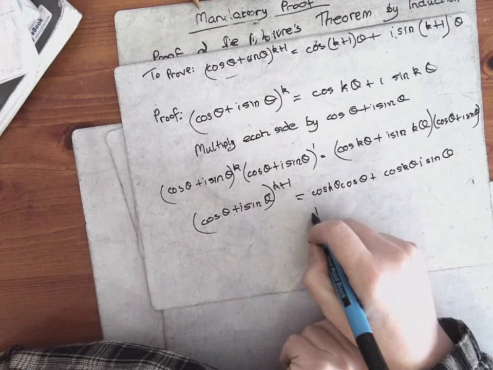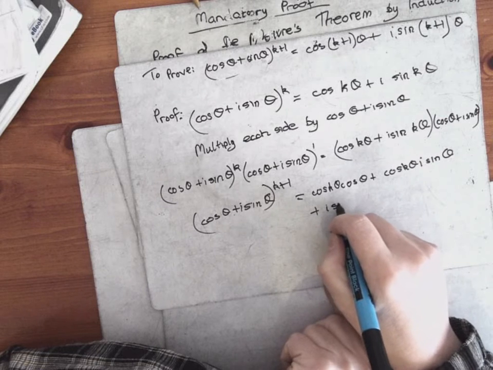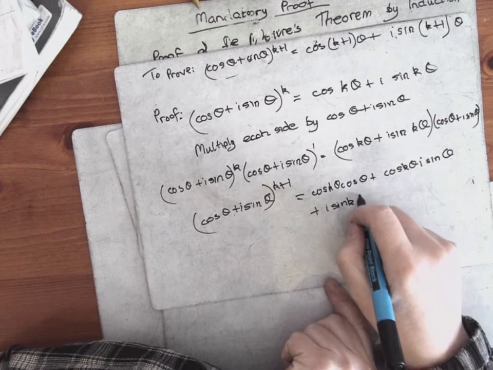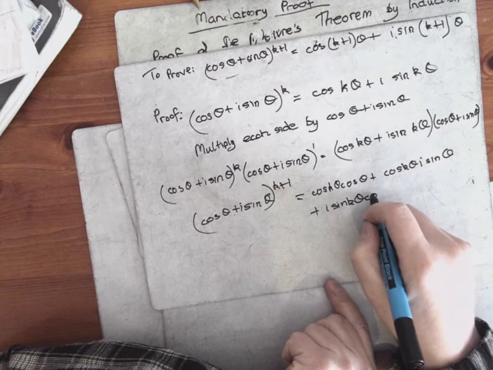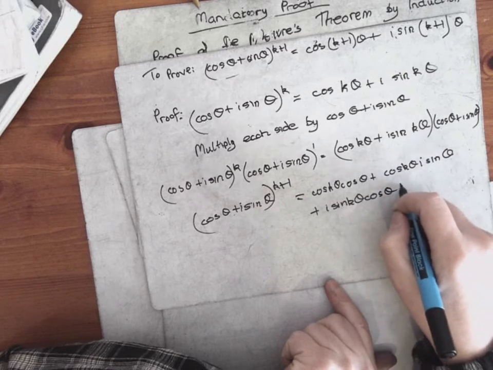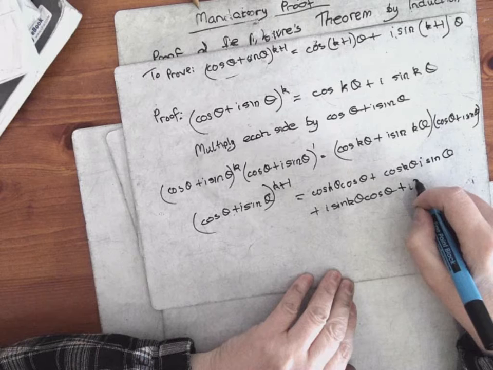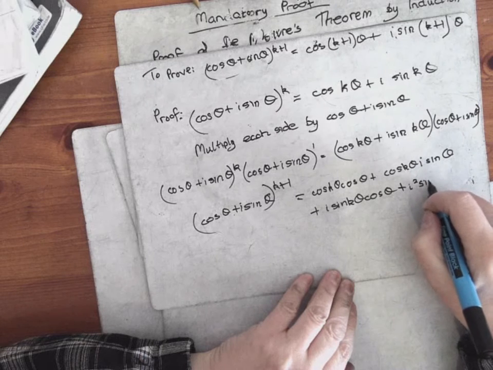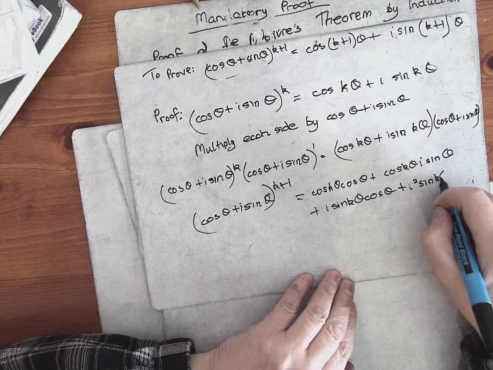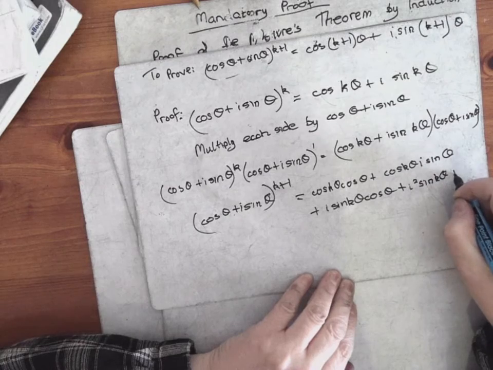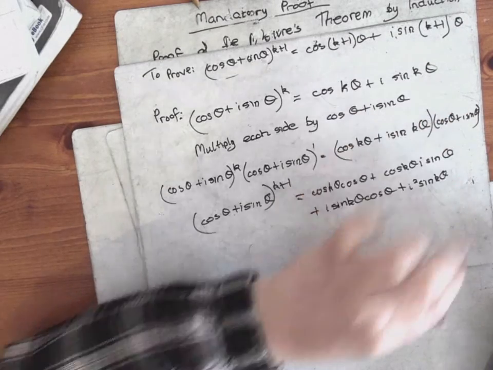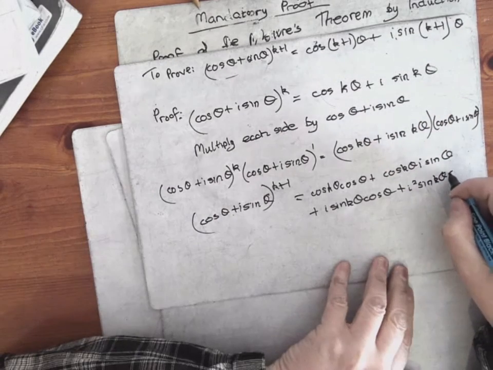Then plus i sine k theta by cos theta, and then when I multiply this by this, I'll get i squared sine k theta by sine theta.